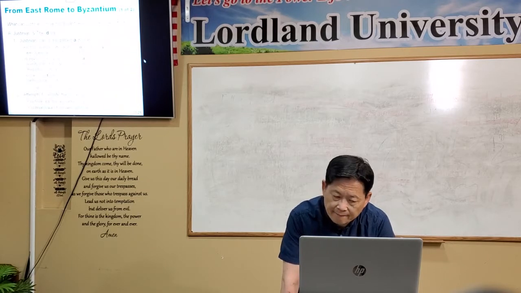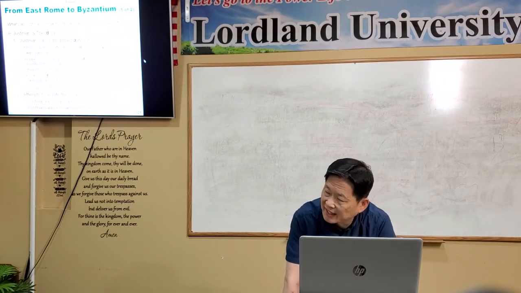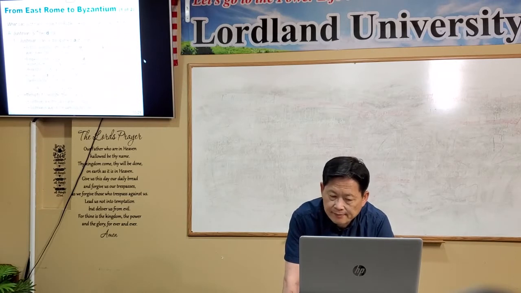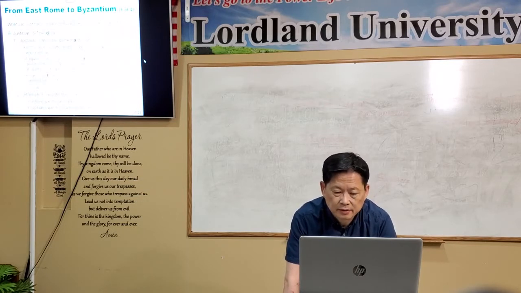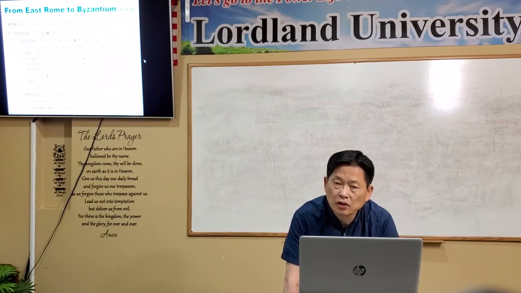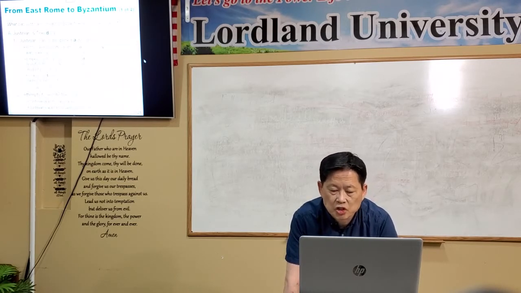Emperor Justinian and his wife Theodora were determined to reunify both the church and the empire.